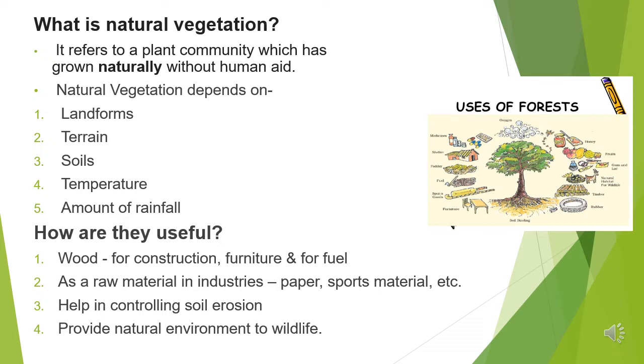As we had studied earlier also, as much as we grow the trees, it will help to hold the soil. That will control the soil erosion and provide natural environment to wildlife. Forests are the home of wildlife, of animals. So this is how they are important and useful.